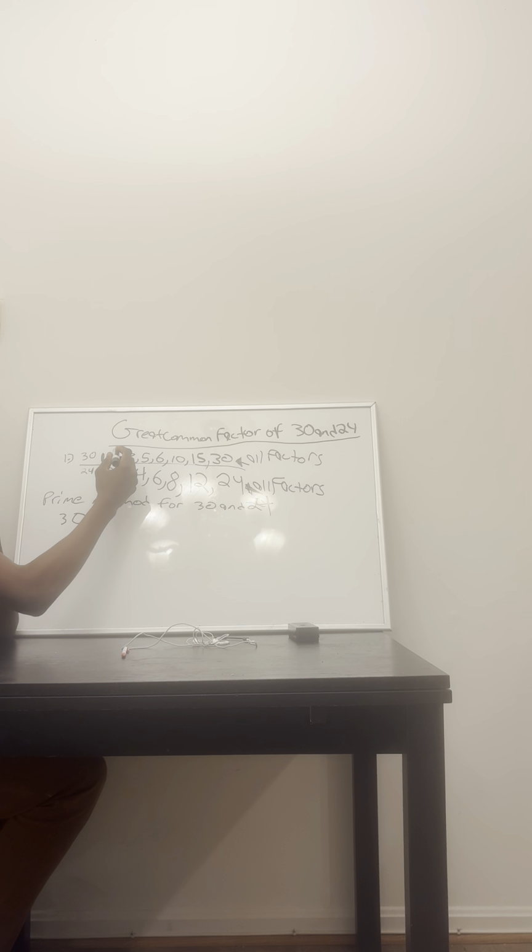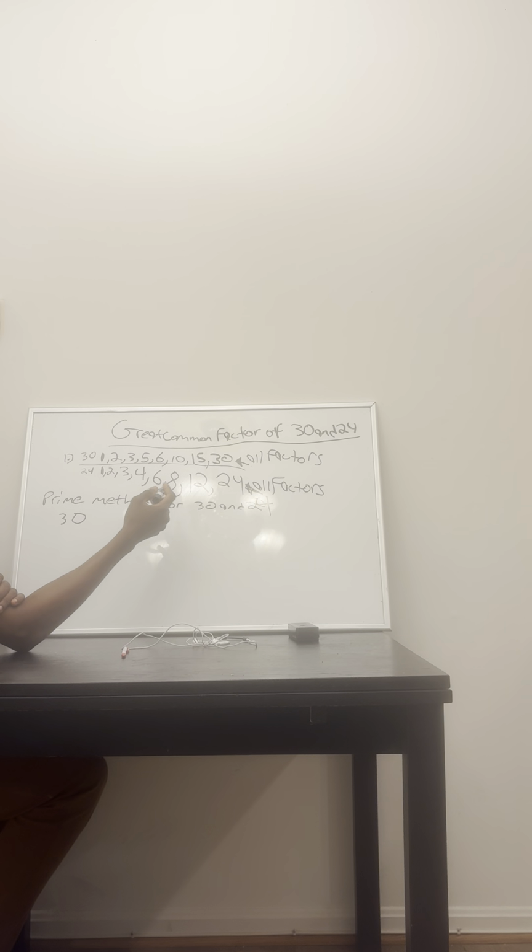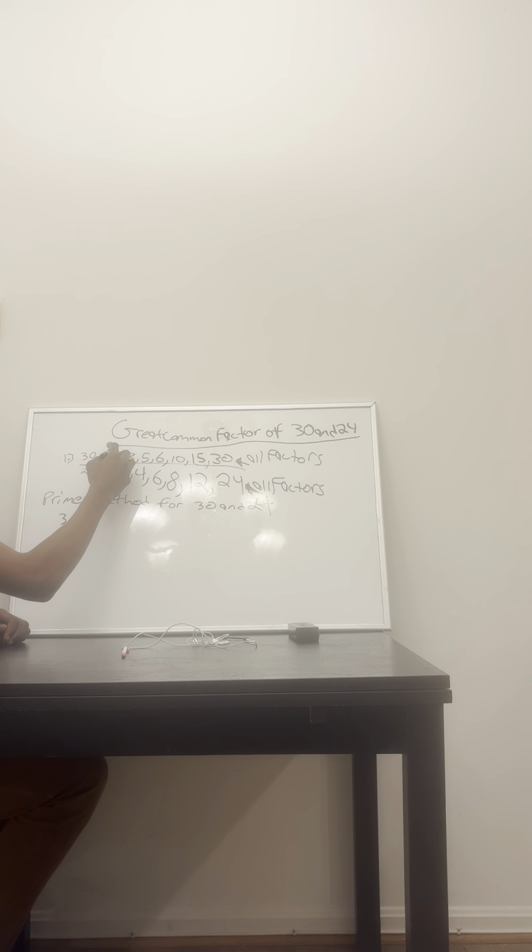So what are some factors that we could use that have been simplified that are in their prime right now? Is 2 one of them for 30? 2 is a prime number, yes. 2 is well simplified.